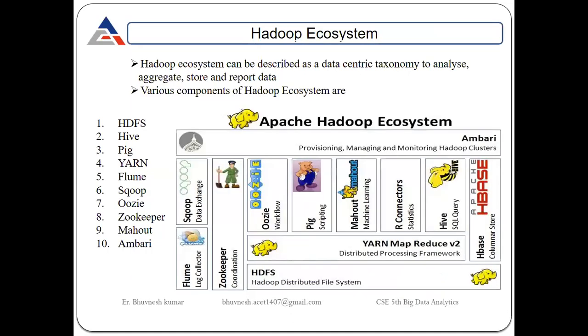Okay, further there is the Hadoop ecosystem, or you can say the Hadoop environment also. The Hadoop ecosystem can be described as a data-centric taxonomy to analyze, aggregate, store and report data. The Hadoop environment is used for this data taxonomy: it will analyze your data, aggregate your data, store it, and also generate a report for your data.